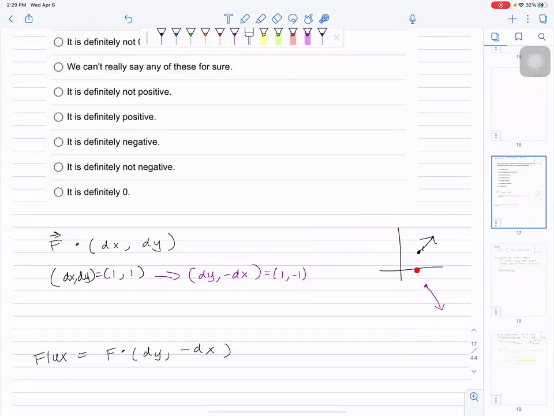At this point, 1, negative 1, we have a vector going 1 to the right, 1 down. So what was this direction?